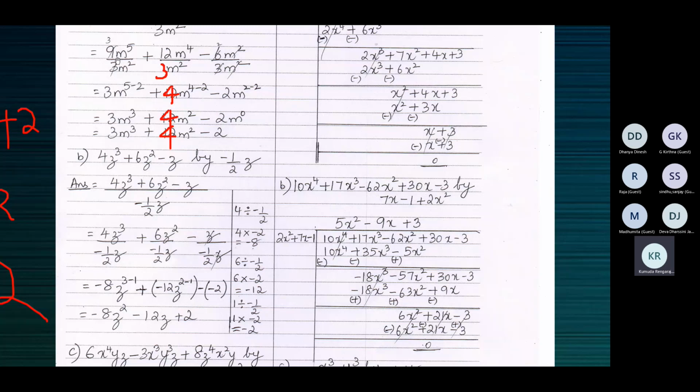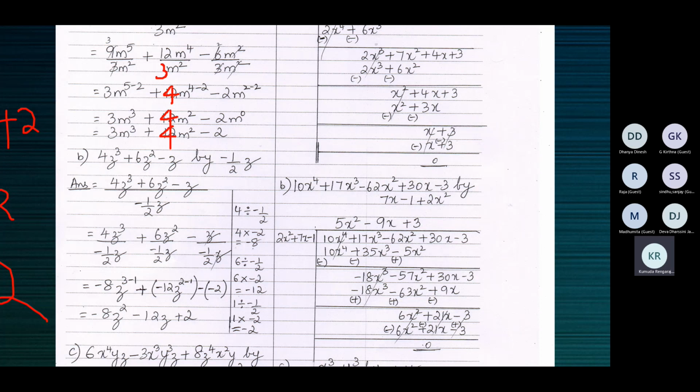So m to the power 5 means m into m into m into m into m, m multiplied with itself 5 times. M square means m into m. Correct, children? Do we understand now what m to the power 5 is? Yes, ma'am.